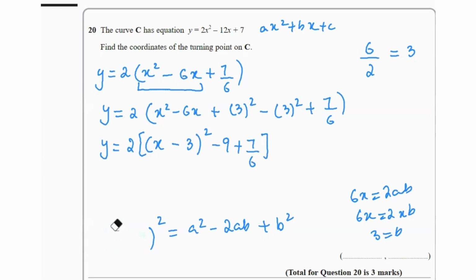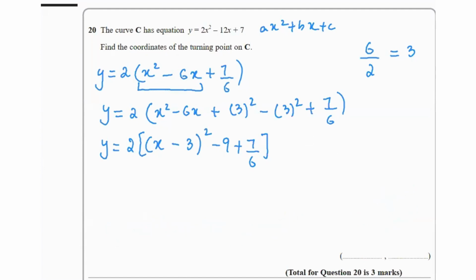Let me just erase that. So that's y equals 2 times x minus 3 squared minus, this is going to be 2, not 6. My bad, because we're getting 2 common, not 6. This is 2 also, yeah. So that's negative 18 plus 7/2.